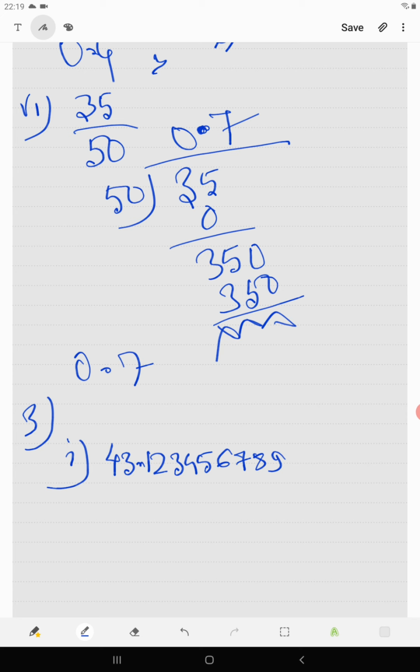As you can see, it has terminating decimal expansion, correct? It's not repeating, there is no bar thing over here, so it's a terminating decimal expansion.